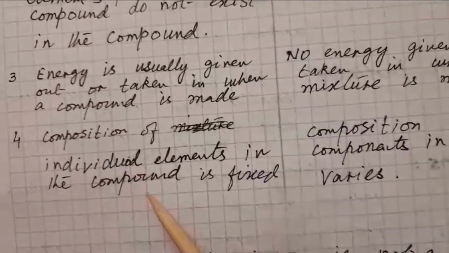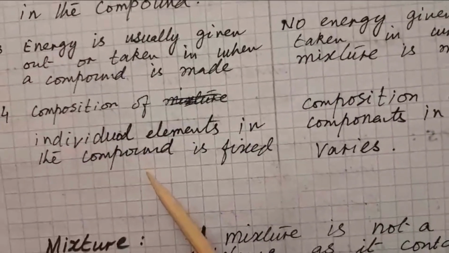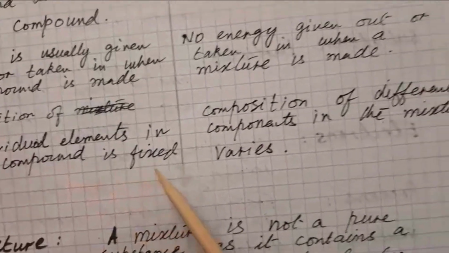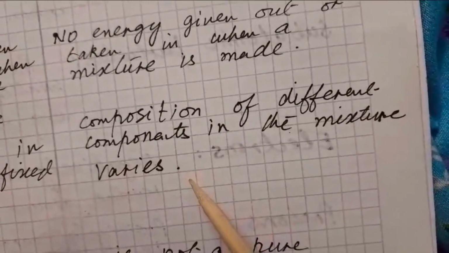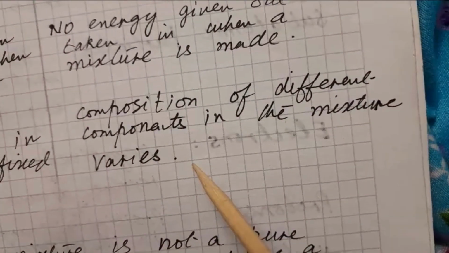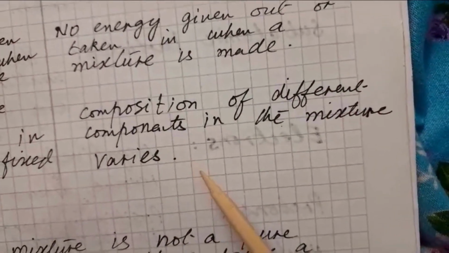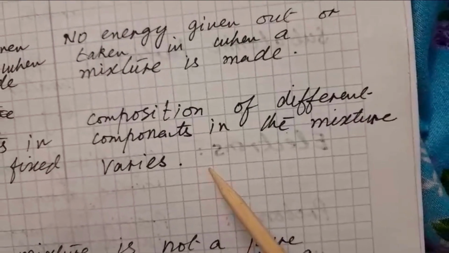So the composition of individual elements in the compound is always fixed, whereas the constituents of different components in the mixture vary. It is not fixed. Any component can be more or less.